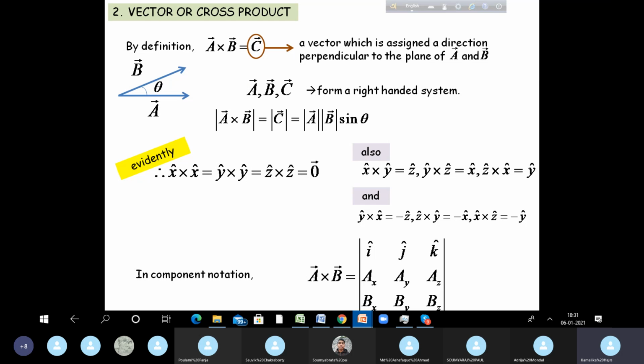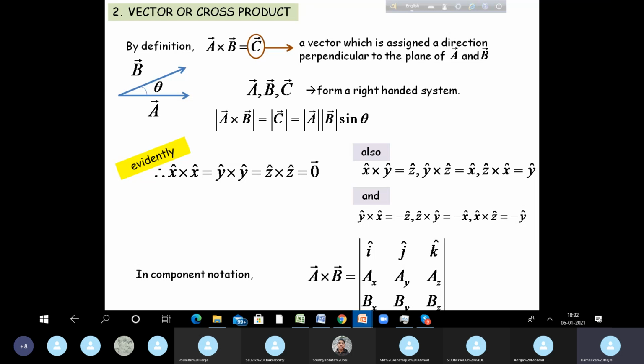Second row will be the components of the first vector A, and third row will be the components of the second vector B. I hope all of you know how to calculate a determinant. So from this formula, you can get the component form of the vector C, and also given the direction i cap, j cap and k cap, you can get the direction.